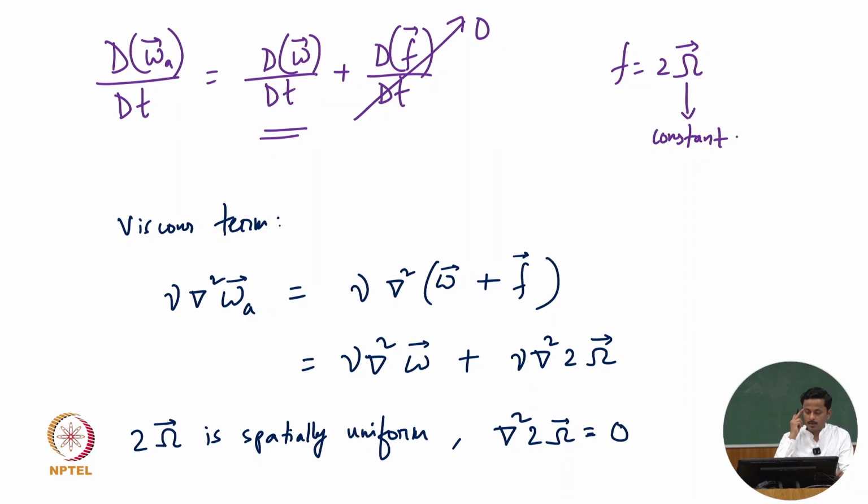So for the same reasons as before, because it was constant in time, the term had gone to 0. Similarly, because it's spatially uniform, the Laplacian of the second term goes to 0. Hence, nu del square omega a is equal to nu del square omega.